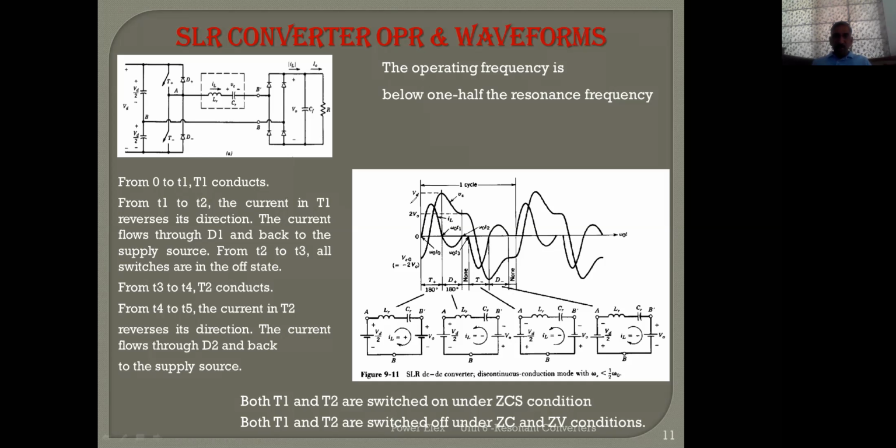Similarly, when T minus turns on, current was 0, goes to negative maximum and again goes back to 0. When inductor current is near 0, the circuit is under resonance and this voltage is 0. So while turning off, both T1 and T2 switches are under ZC and ZV conditions.